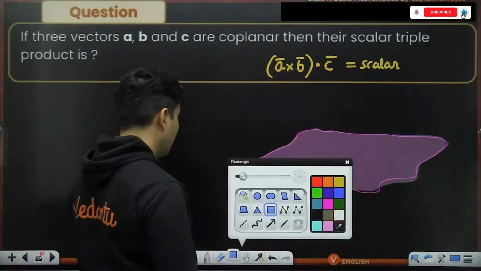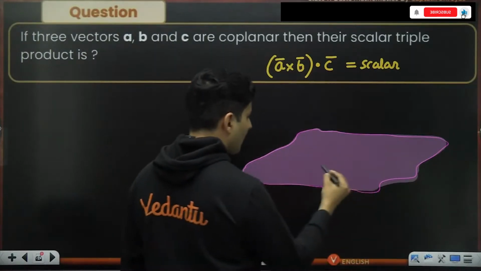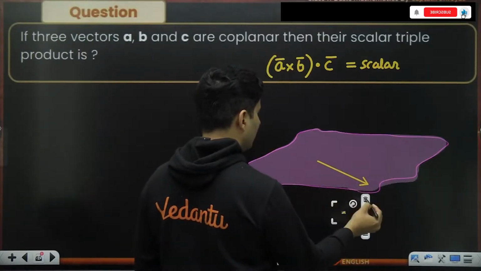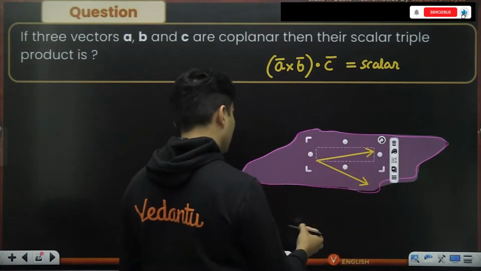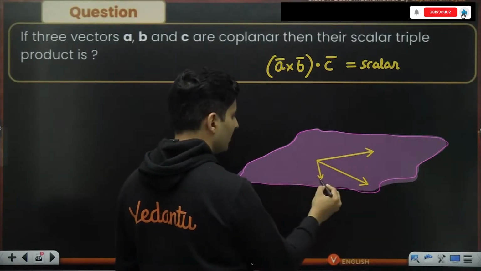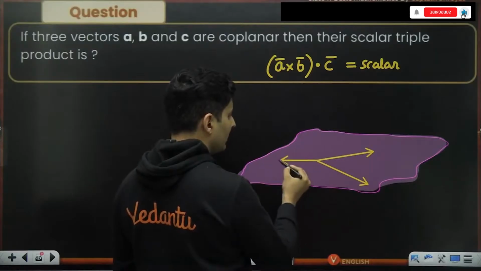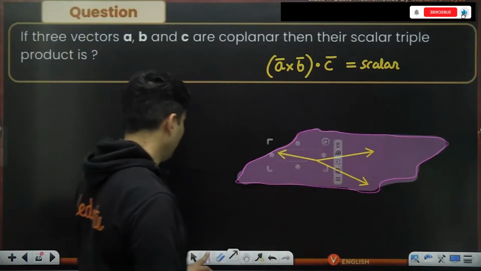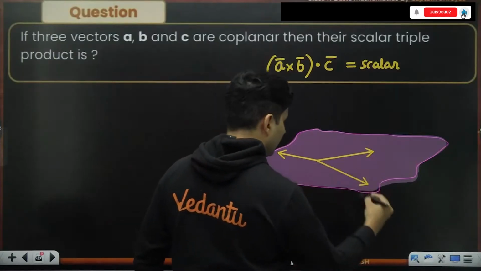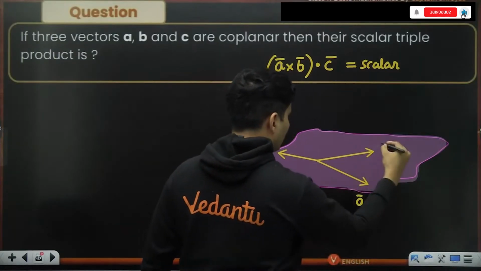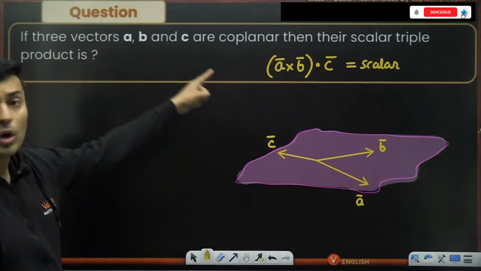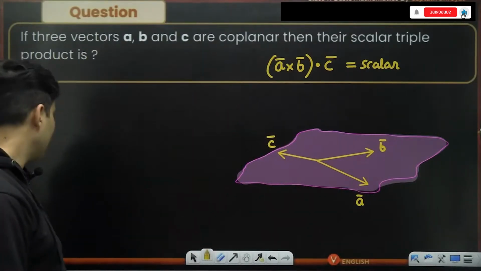In that, let's consider three vectors. Let's say this is vector A, this is vector B, and this is vector C, somewhere here or here, it doesn't matter. They are all coplanar vectors. That means they are in the same plane.